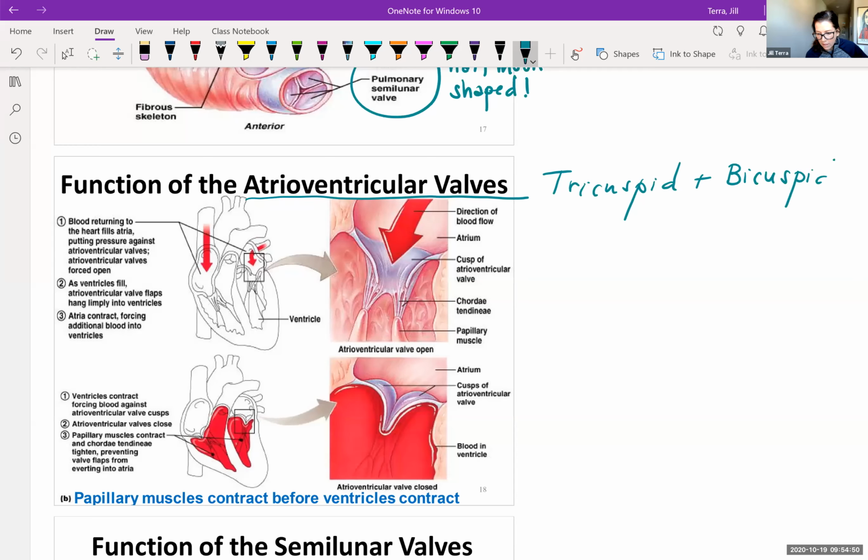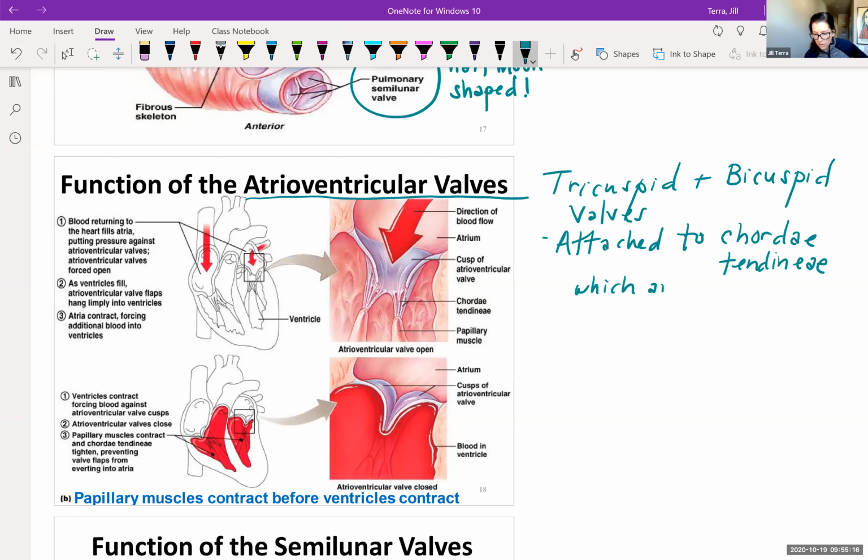And remember that they are attached to the chordae tendineae. I always forget that E, sorry. And then those are attached to papillary muscles.